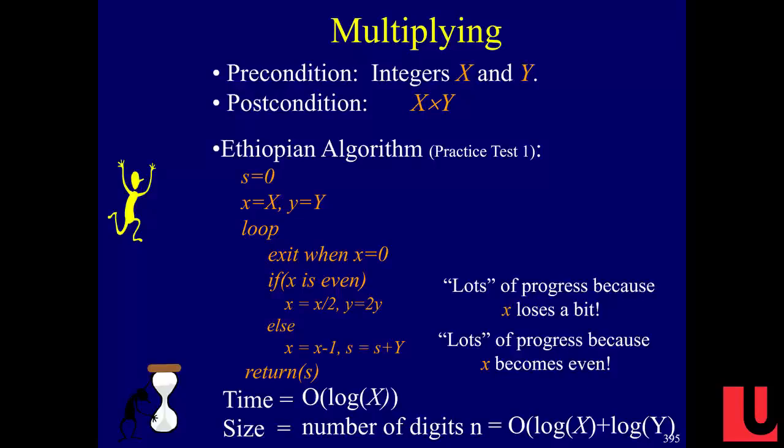But y does get multiplied by 2. Then I divide by 2 and I look at this. Multiplying y by 2, I just shift it, it's bits.